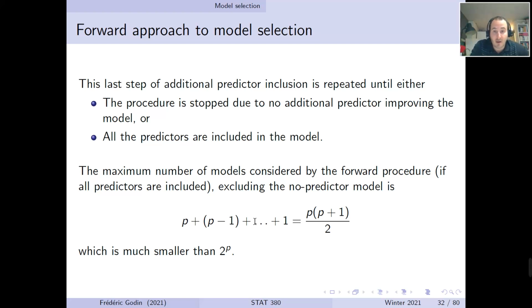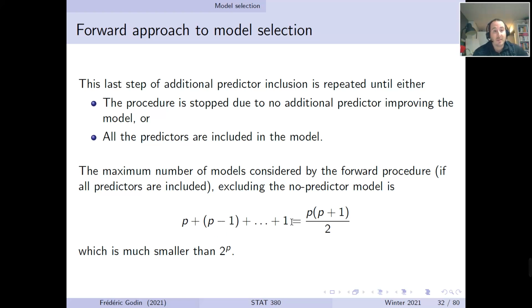In the third step, you have p minus 2 possible covariates to try, if you have already included 2 in the first 2 steps, etc. So in the longest possible outcome, where you ultimately include all predictive variables within the model, the total number of combinations of predictors that you consider is p plus p minus 1 down to 1.